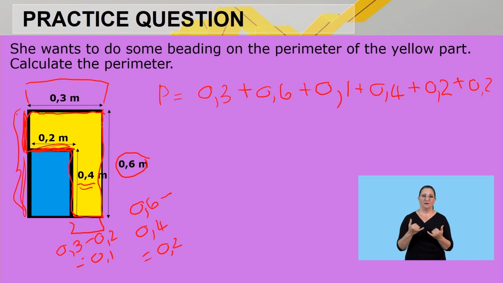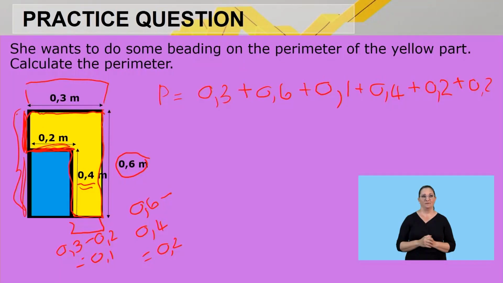Now, the moment you work with such an intricate or irregular shape, just go and double check that you have all the measurements so that you don't miss one and get your answer inaccurate. We have that 0,3 plus the 0,6 plus the one that we calculated as 0,1, another 0,4, 0,2, and then the last one, the side that we calculated, is 0,2.